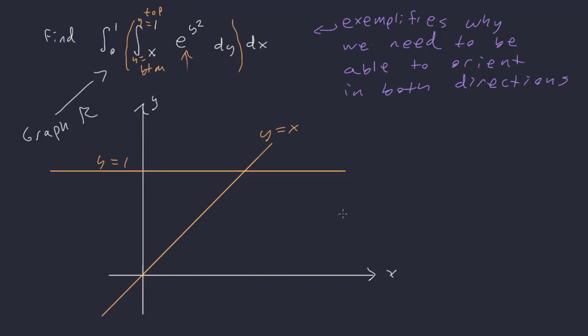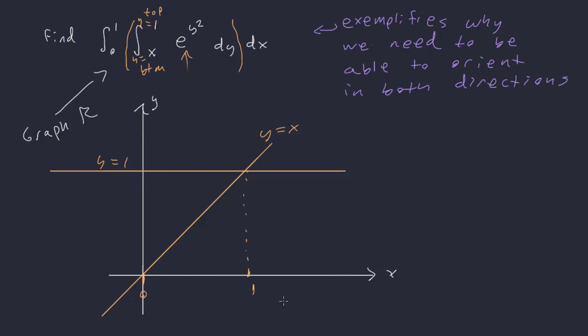Okay? Now, since we're talking bottom to top, we need to know what we are talking about. Are we talking about this region over here, this region over here, this triangle here? Okay, and this is where we start looking at our x's, because our x's go from 0 to 1. So we're only living in here.